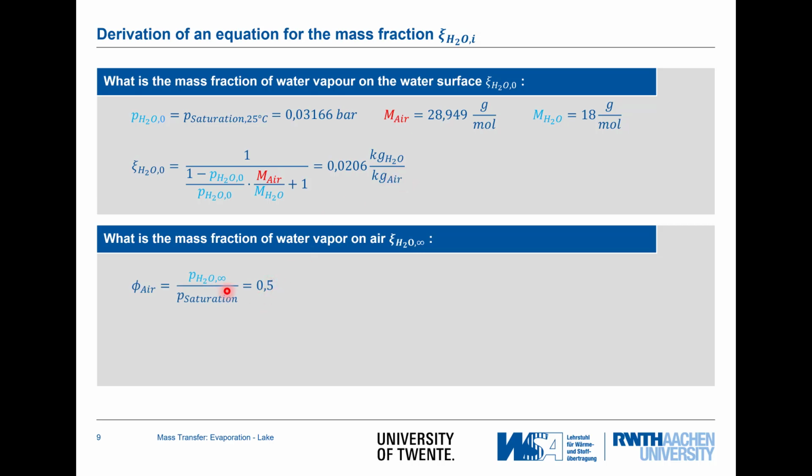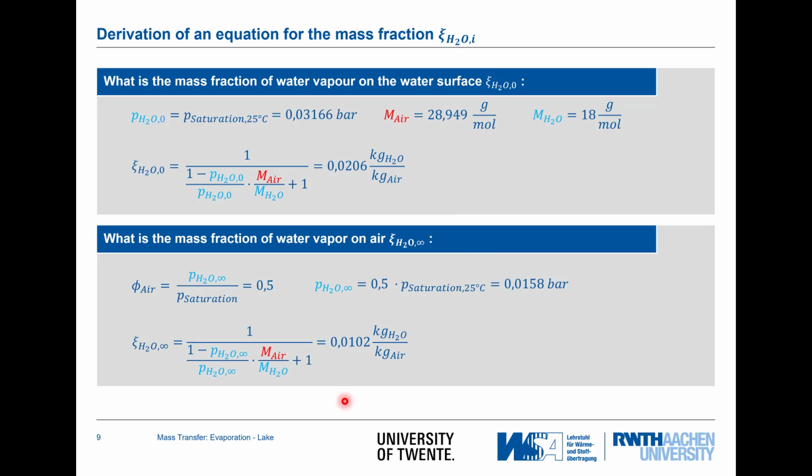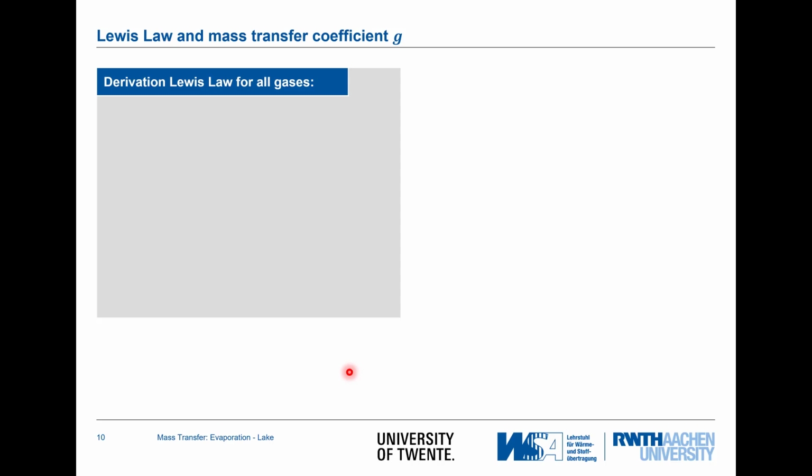So the ratio of the partial pressure to the saturation pressure is 0.5. And if we put that down, we can from this calculate this value here, put it in the equation, and end up with Xi H2O far away from the surface being about half of the value that we determined for the surface. The mass transfer coefficient then can be calculated.